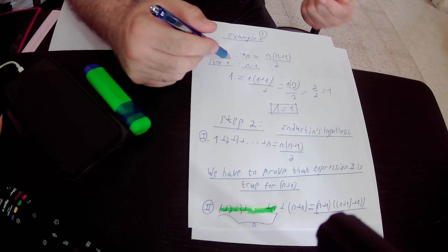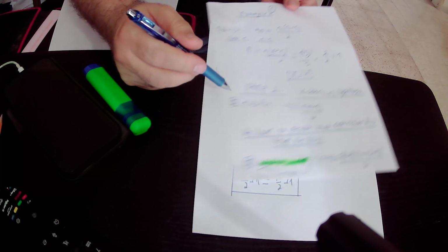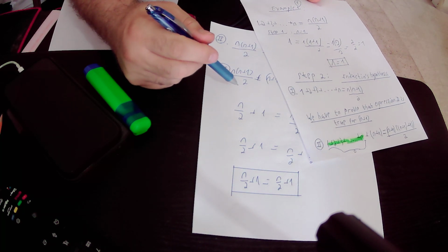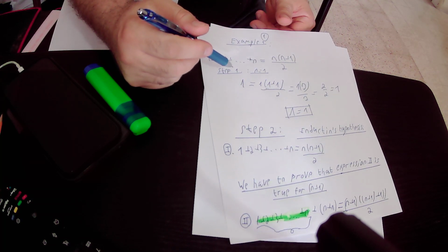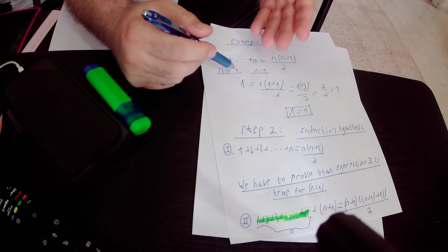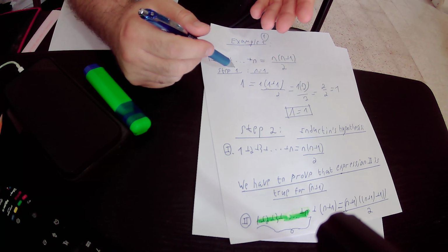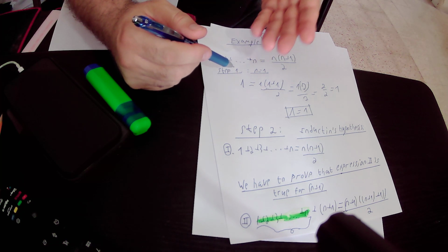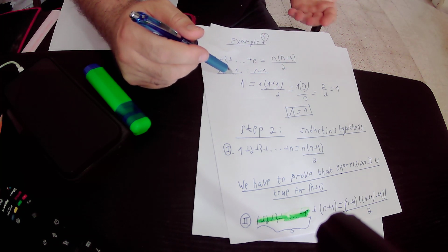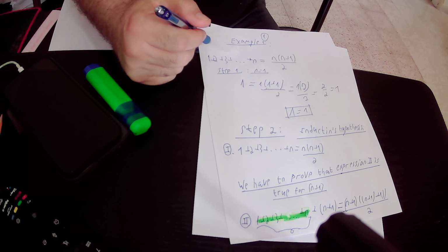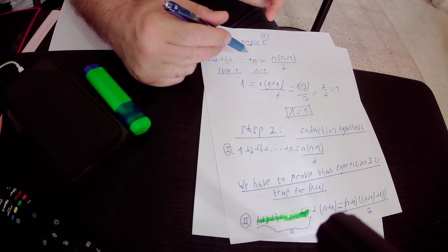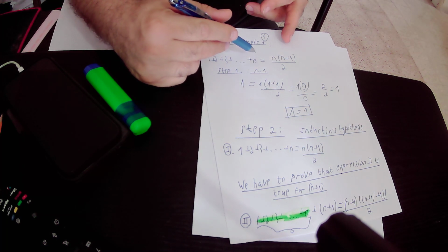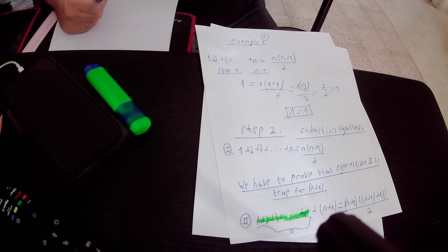We know that it's true for 2, and from our general proof that if it is true for n, it is true for n plus 1, then if it is true for 2, it must be true for 3. If it is true for 3, it must be true for 4. If it is true for 4, it must be true for 5, and so on and so on. So in this way, we showed that our statement 1 plus 2 plus 3 plus ... plus n equals n times n plus 1 divided by 2 is true for all natural numbers.